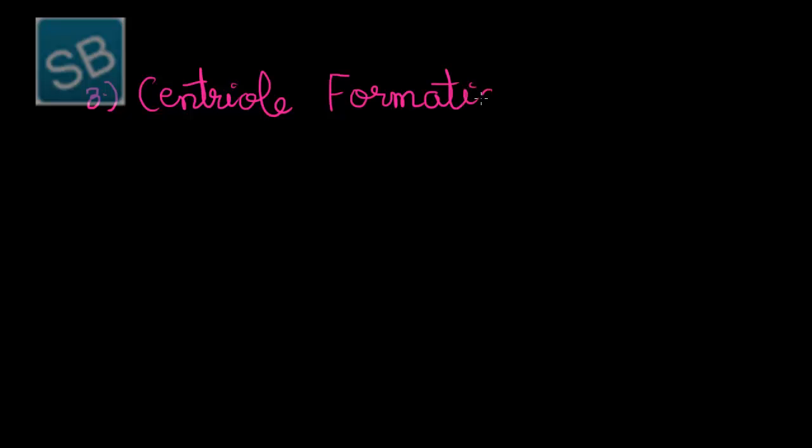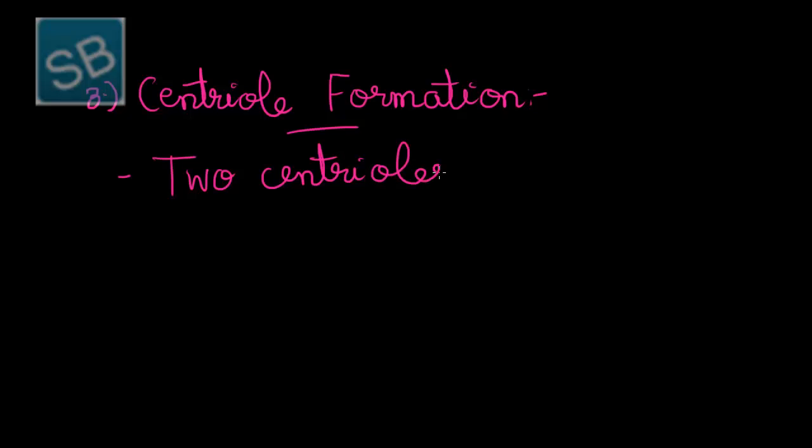Following it occurs the third one, that is centriole formation. After the change in nucleus and the acrosome formation, the final stage that arises is the centriole formation. In this, two centrioles of the spermatid get arranged in such a manner that they appear one behind the other, behind the nucleus.